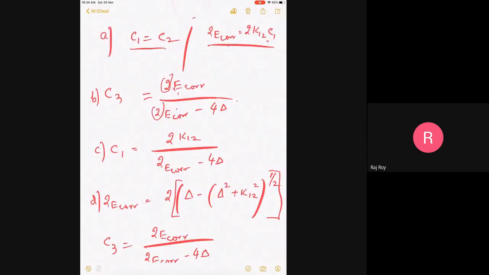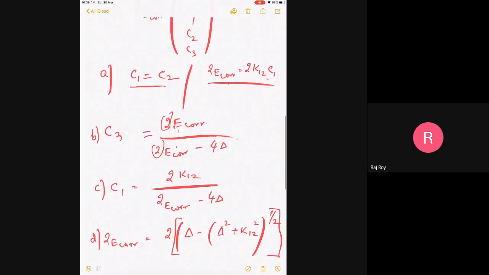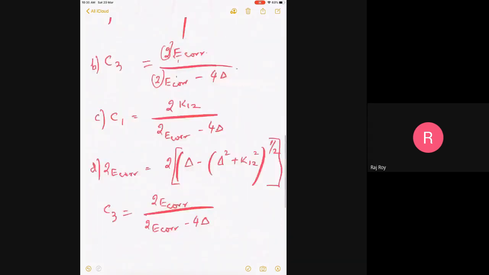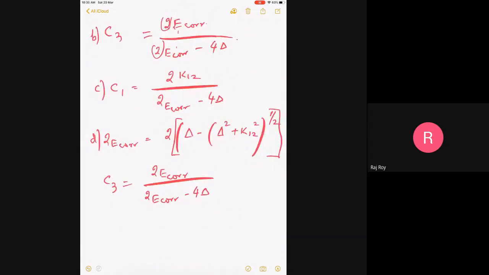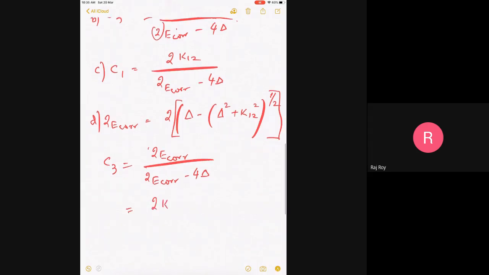Now what I do, I substitute in the dimer E correlation this value, 2 times K1 to C1. This is a dimer E correlation, just the 2 is in the superscript. So this becomes 2 times K1 to C1, divided by dimer E correlation minus 4 delta.